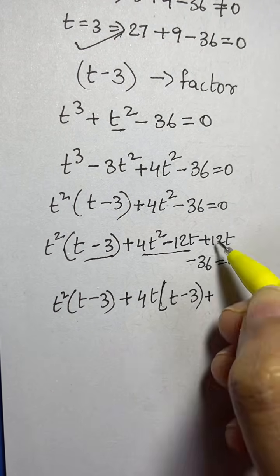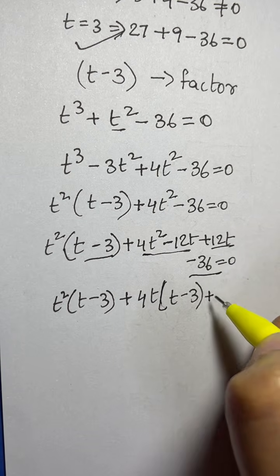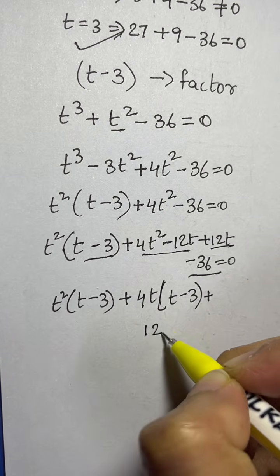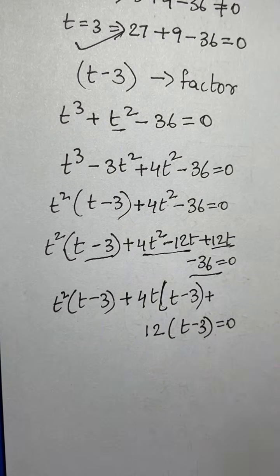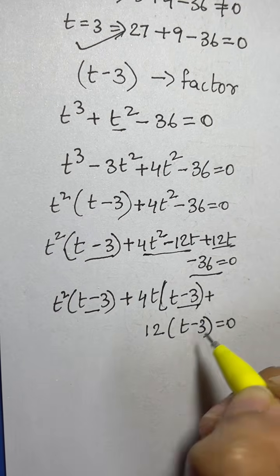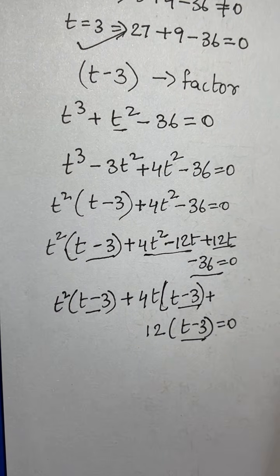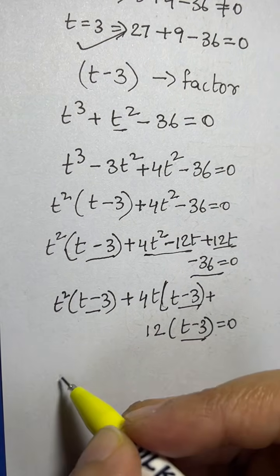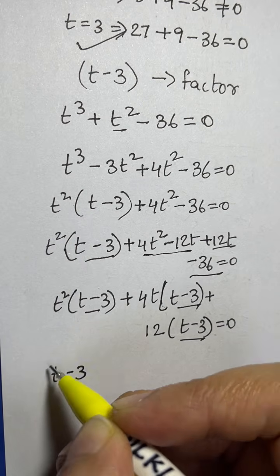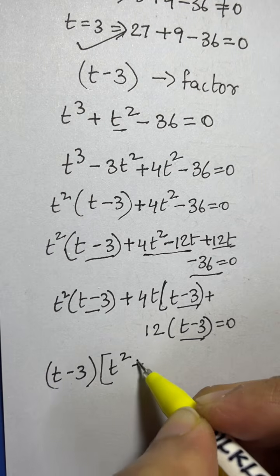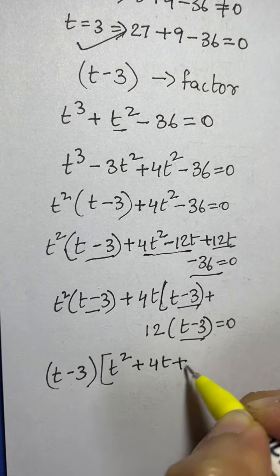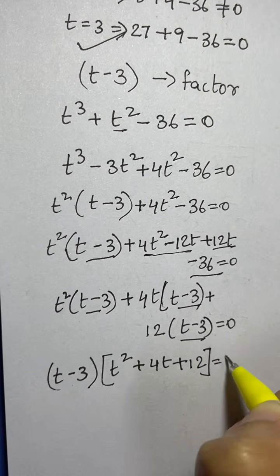Plus, from these two you can take out 12 common, so you have plus 12 times t minus 3 equals 0. So you've got t minus 3 as a factor in all terms. So we can take out t minus 3 common. When we take it out, we are left with t squared plus 4t plus 12 equals 0.